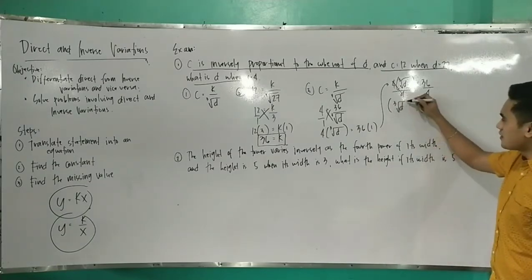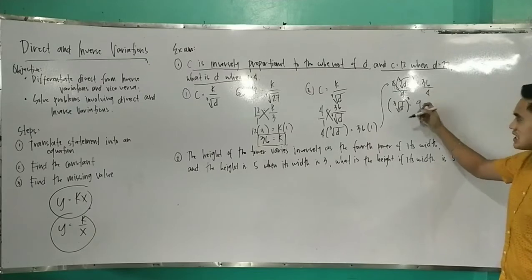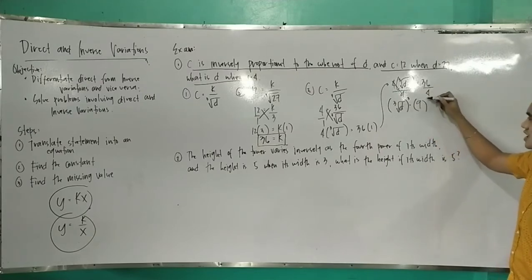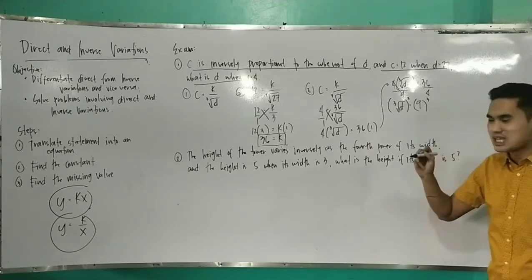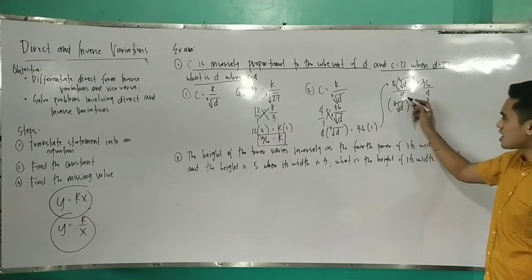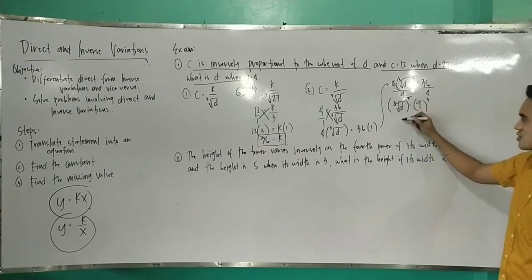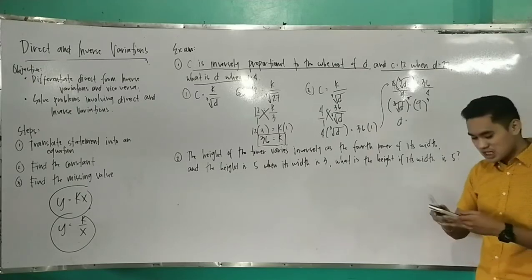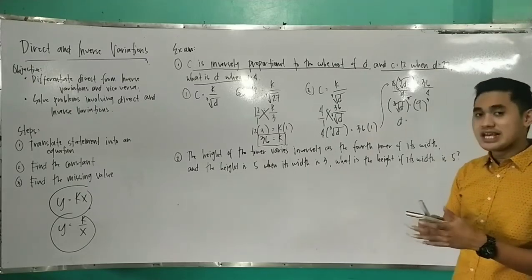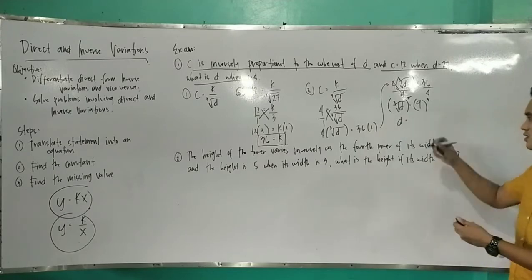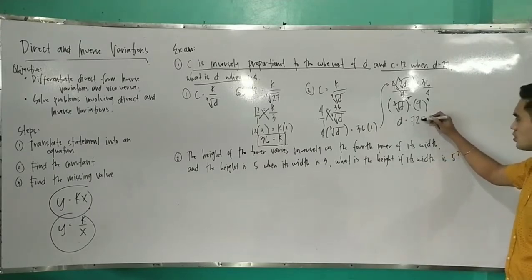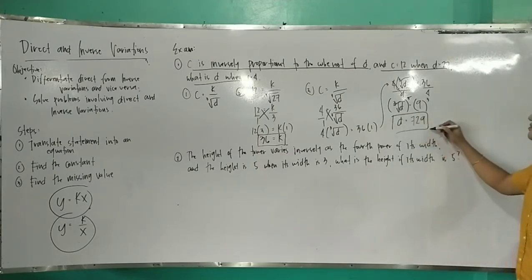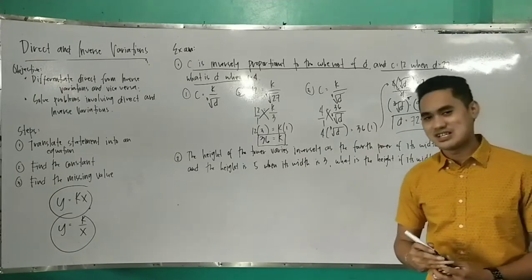So gagawin mo rin sa kabila yung power of 3. Ayan. So bali yung cube root at saka yung 3, matatanggal. So D na lang yung matitira. Then, 9 raised to 3. So hindi yan 9 times 3. So bali meron tayo dyan 729. And that is the final answer.